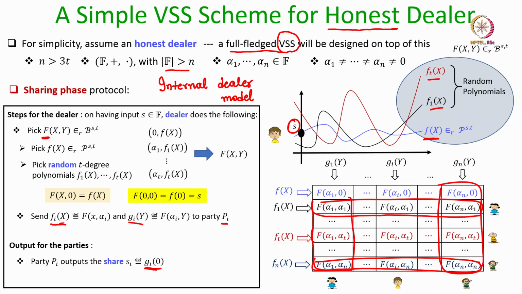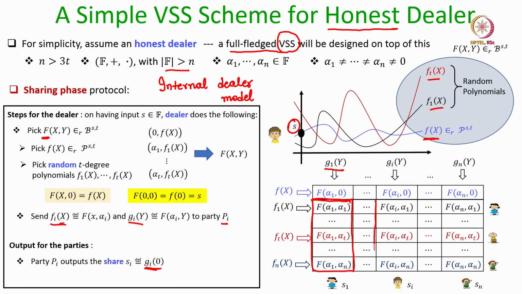Okay. So, pictorially you can interpret it as follows. The first party will be getting this fully highlighted column, and these points are nothing but the points on g1(y). When it evaluates it at y equal to 0, that will be the share of the first party. Like that, the ith party will have this highlighted column, the values along it.